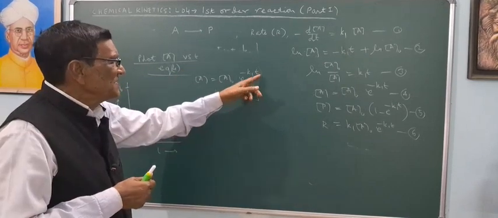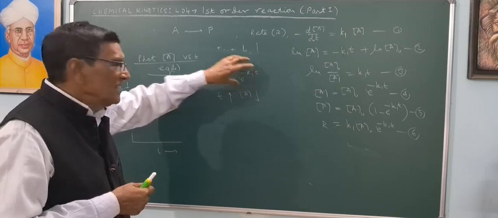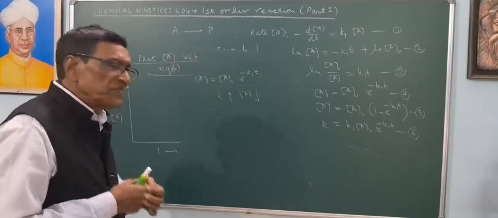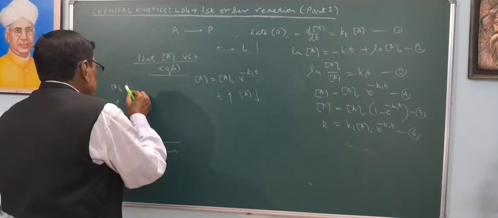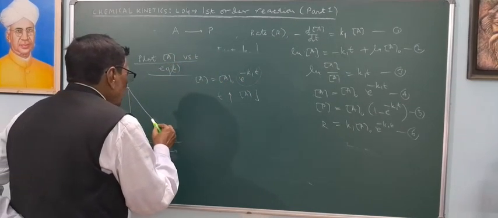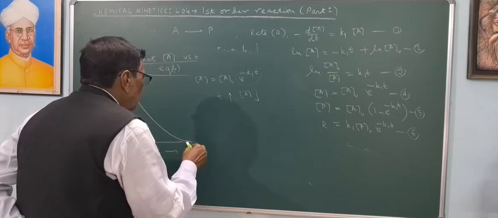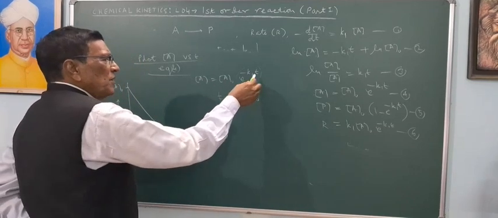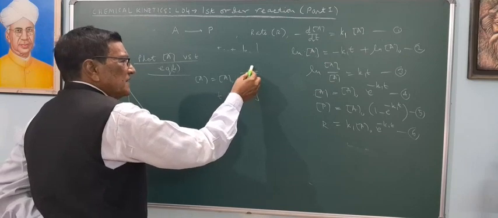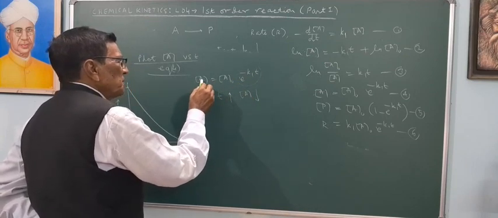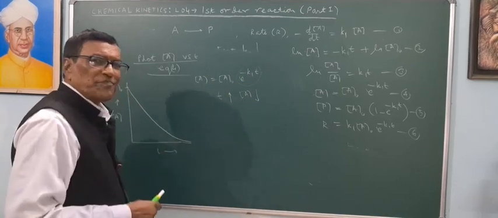As t is increasing, this term is decreasing, so A is also decreasing. This one is constant. So this will be like this. When t equal to infinity, this term is 0. So concentration of A equal to 0.